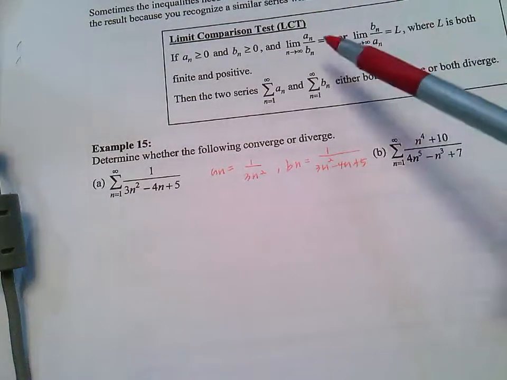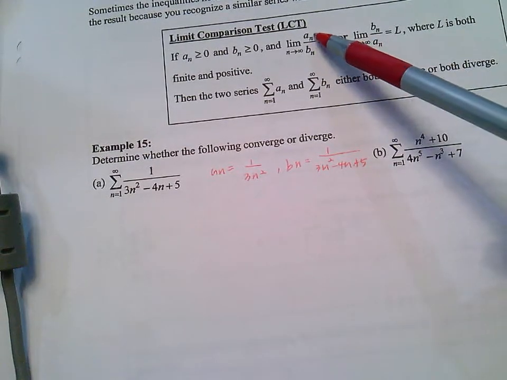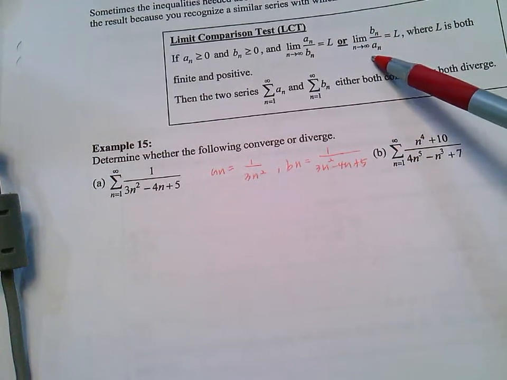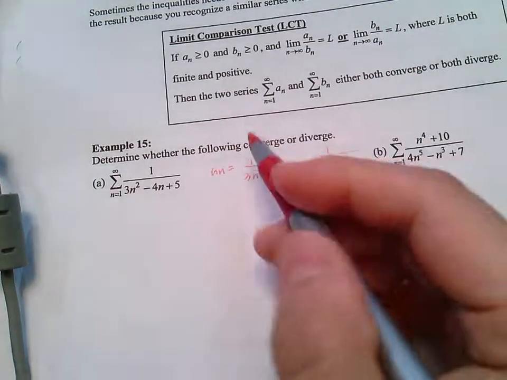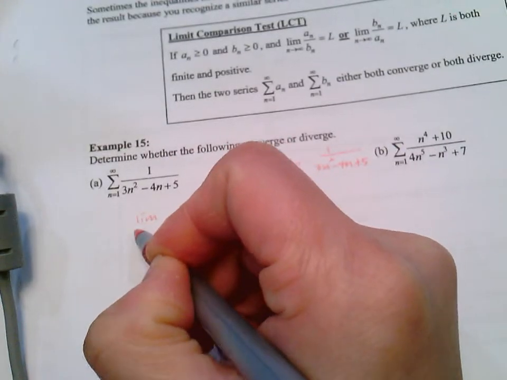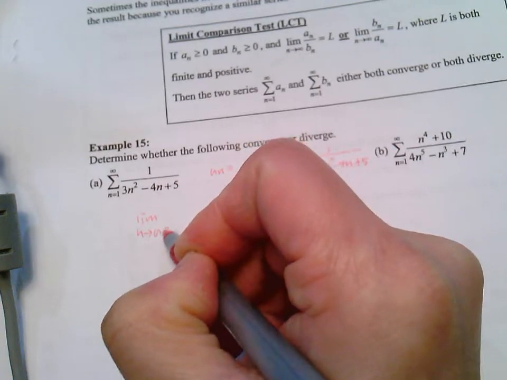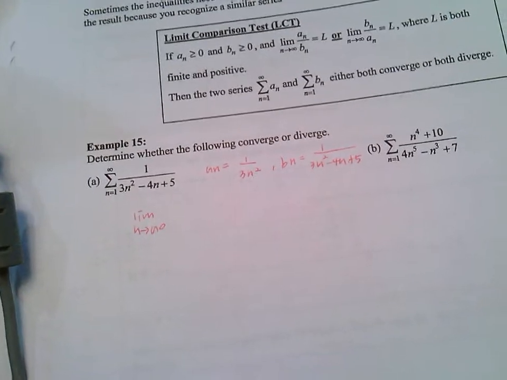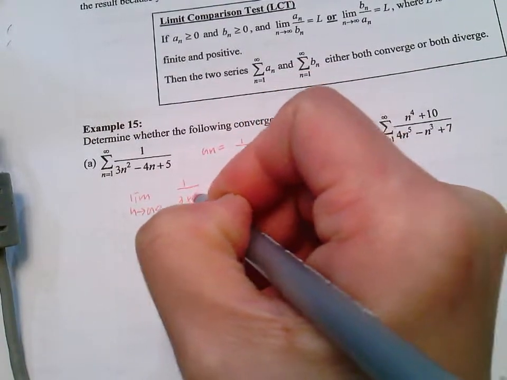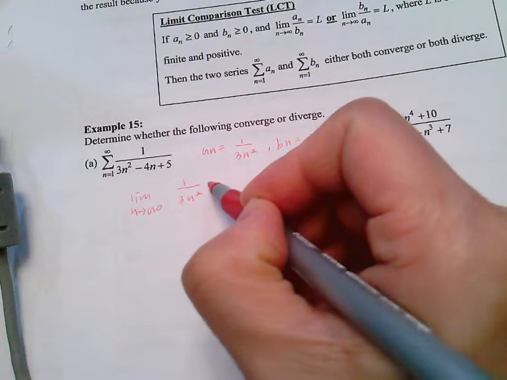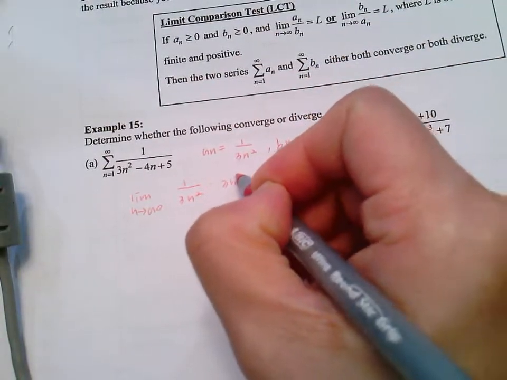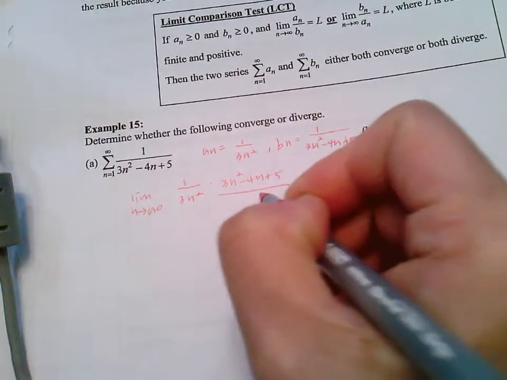Everybody's okay? So now you can either take the limit as n approaches infinity of a sub n over b sub n, or b sub n over a sub n. Either way. So let me divide a sub n by b sub n. Now, limit as n approaches infinity of a sub n, which is 1 over 3n squared, divided by b sub n, or multiply by the reciprocal of b sub n, which is 3n squared minus 4n plus 5 over 1.